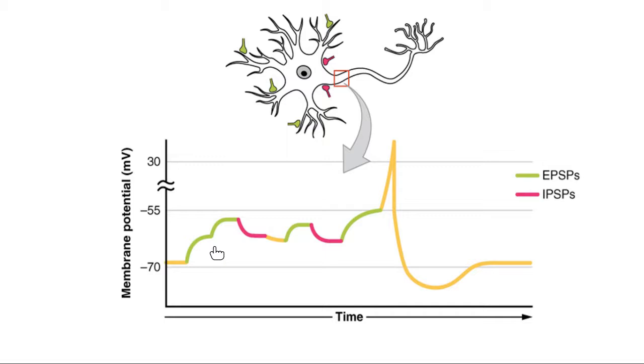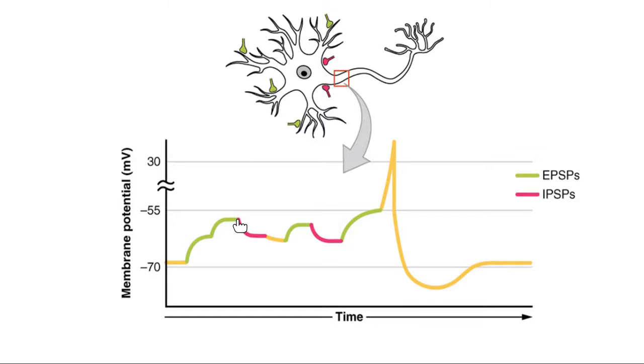Now I get another chemical, another neurotransmitter that comes and attaches to a chemically gated sodium channel. More sodium comes in, I get more positive. It's another excitatory postsynaptic potential. My membrane charge went up. But then I received another neurotransmitter.